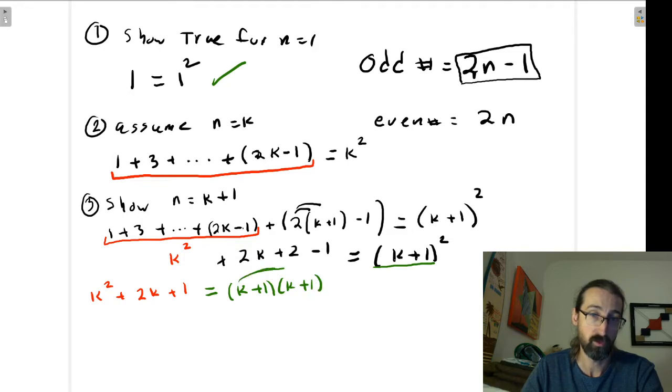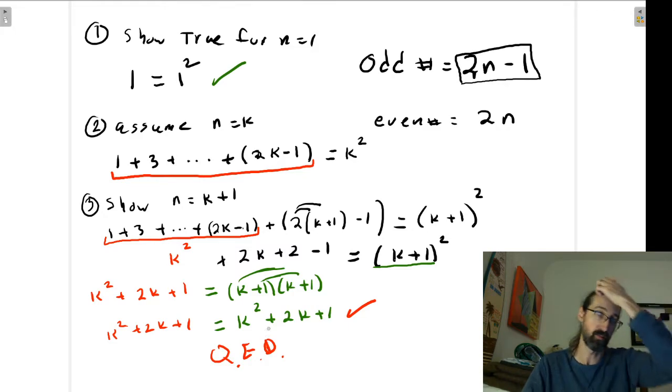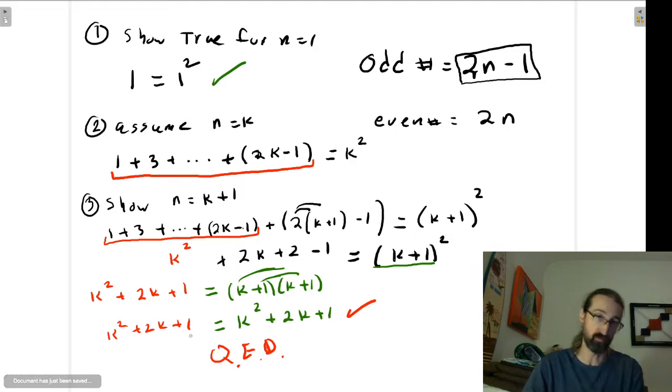So if I do distribution here, I should get k squared plus 2k plus 1, and look at that, these two sides are the same. K squared plus 2k plus 1. And that's my proof. QED. Now, QED is just a little fun thing that means quod erat demonstrandum. It's a little Latin, and it means, and so it is proved.